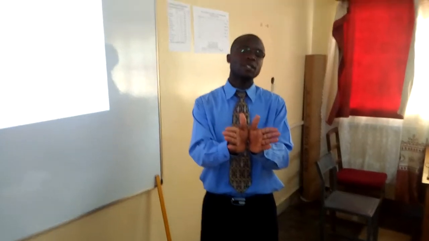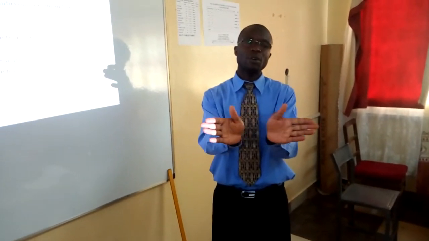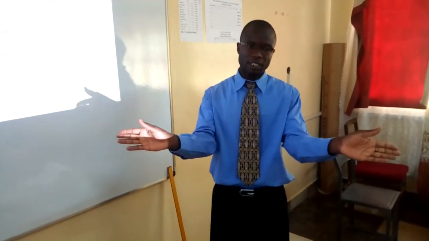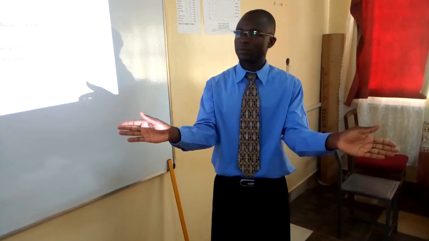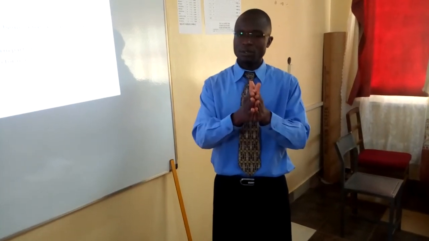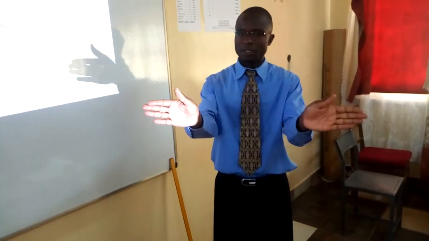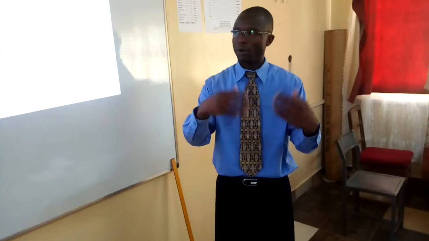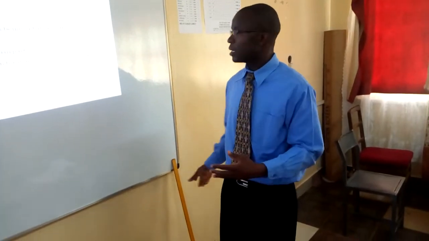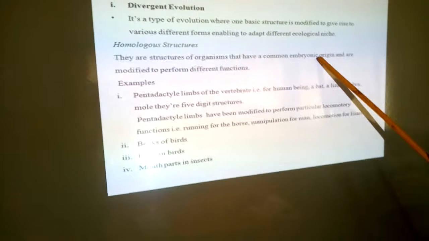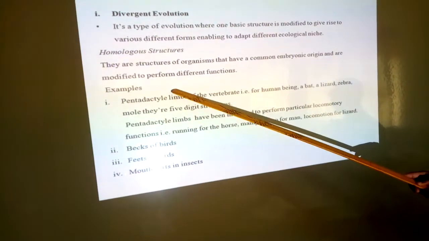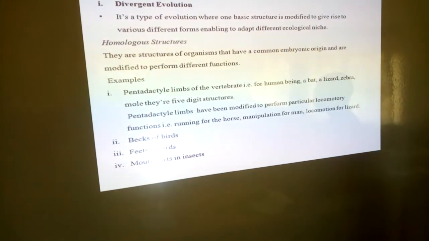Parting ways means adapted to perform different functions. Hands together, then they are parting. That is homologous structure. These are structures of organisms that have a common embryonic origin and are modified to perform different functions.